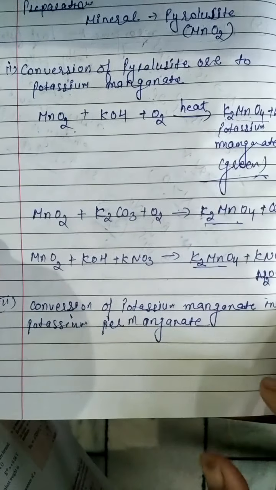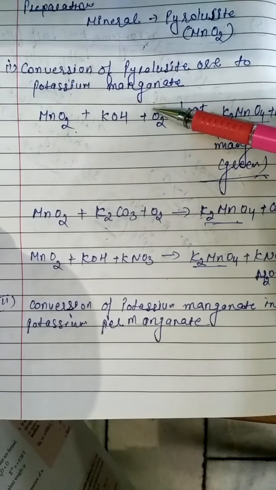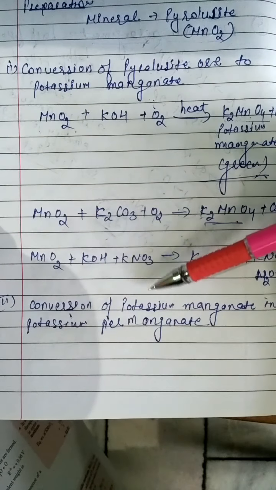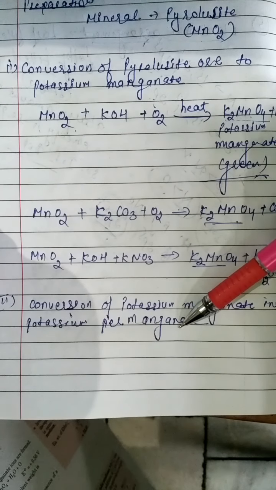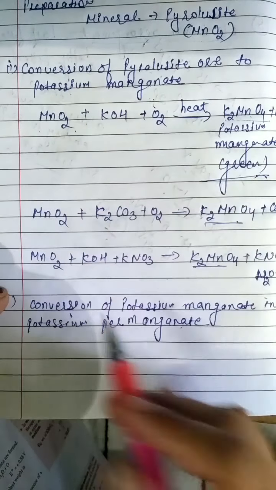Firstly, the ore is converted into potassium manganate. The second step is that the potassium manganate is converted into potassium permanganate.